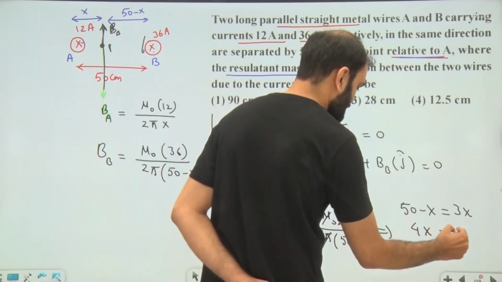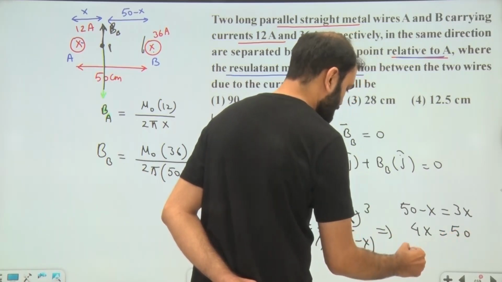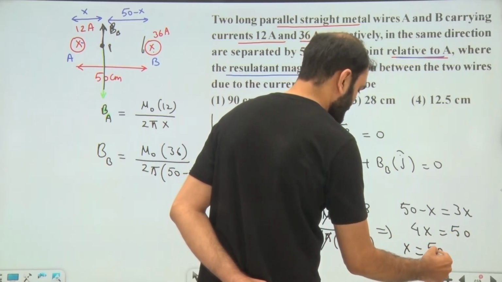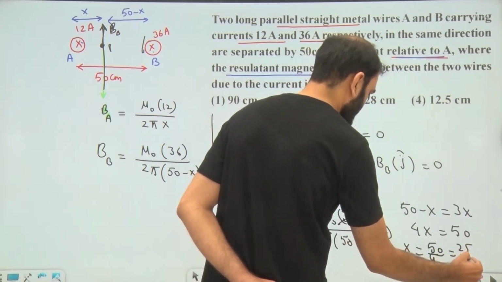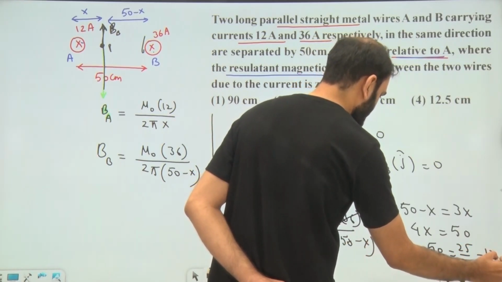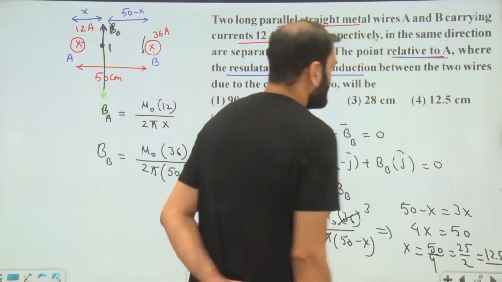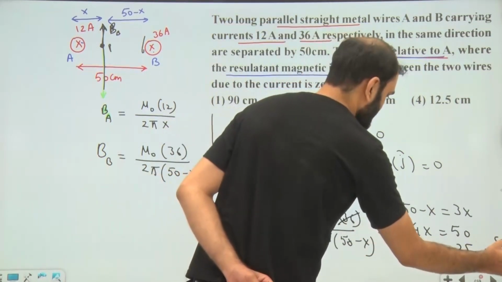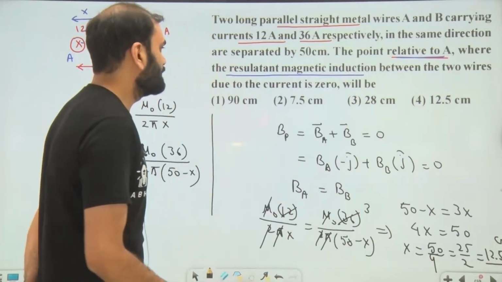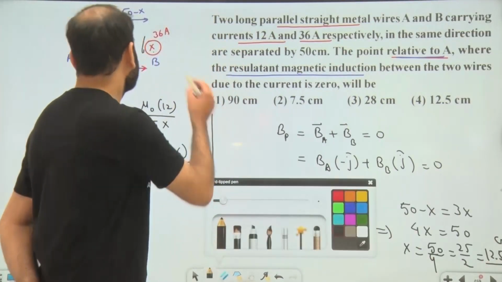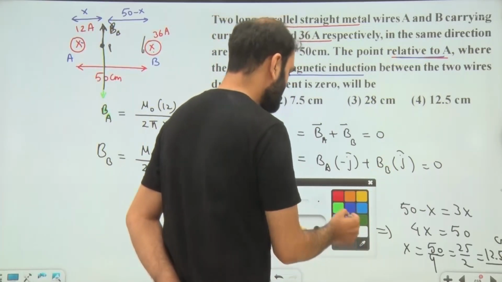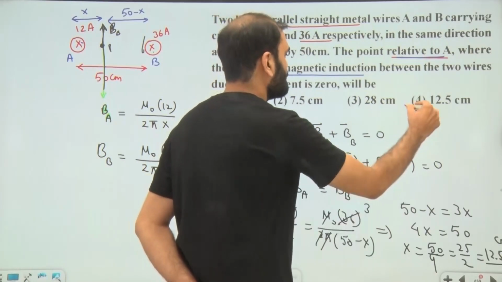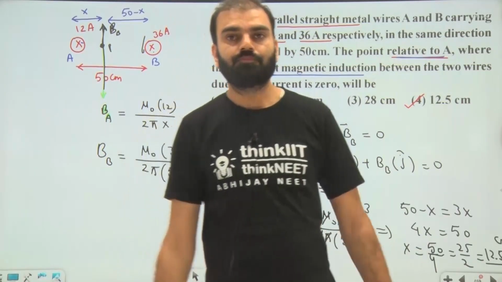So 4x will be equal to 50, and x will be equal to 50 by 4, which is 25 by 2, that is 12.5 centimeter. So the value of x from A is 12.5 centimeter, and according to that, option number 4 is the correct answer. Okay, thank you.